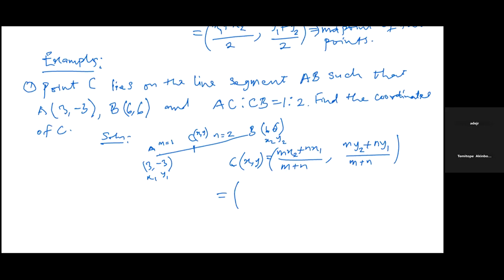That gives 1 times X2, X2 is 6, plus N, which is 2, times X1, X1 is 3, over 1 plus 2, comma, M, which is 1, times Y2, Y2 is 6, plus N, which is 2, times Y1, Y1 which is -3, over 1 plus 2.